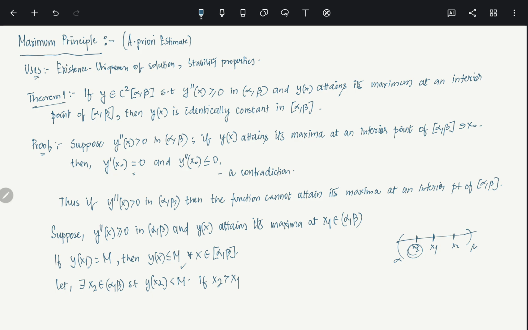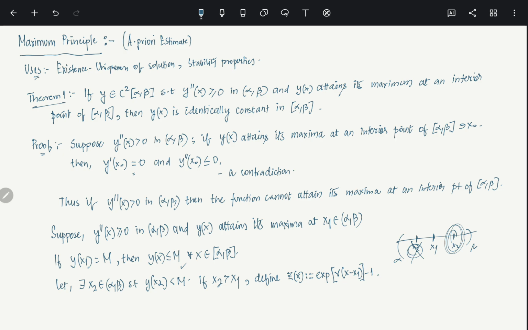Then let's say x2 is greater than x1. Then we define a function, define z of x to be exponential of gamma times (x minus x1), minus 1.